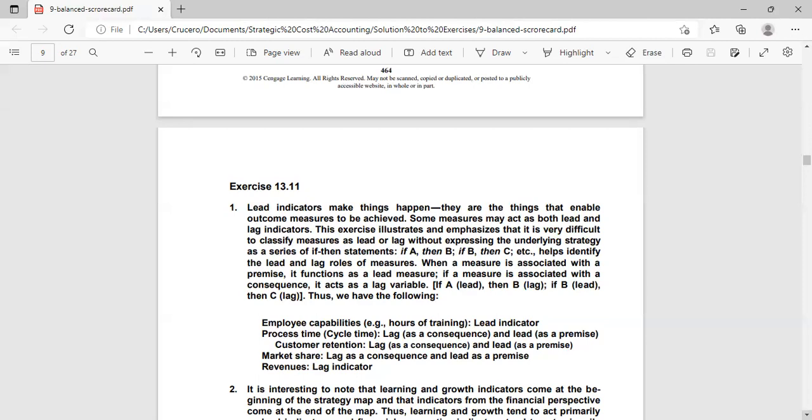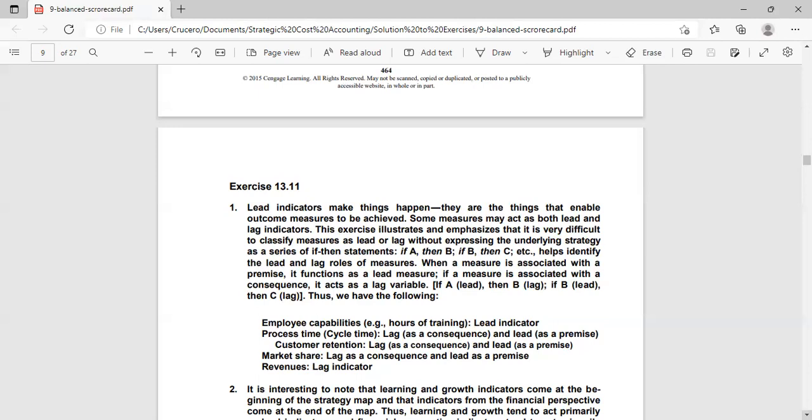Process time or cycle time are considered lag, as a consequence, and lead as a premise.